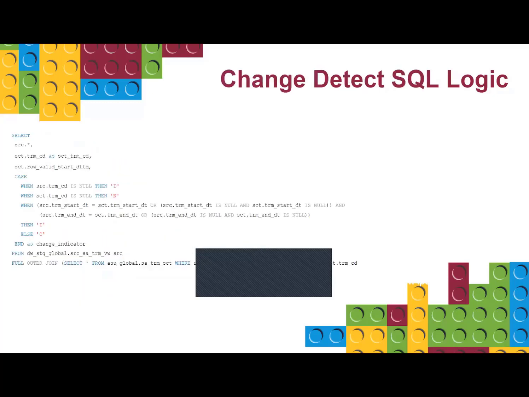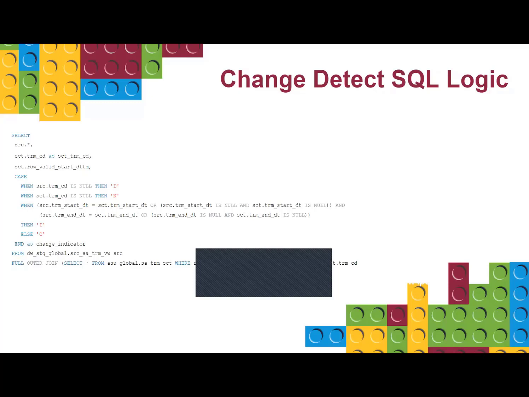And this is what the SQL looks like. I'm sure the slides are going to be shared, but you can see the full outer join there. I'm filtering my SCT on the row current flag and joining on the term code in this case. Then that case statement is your change indicator logic where I go through and identify deletes, news, identicals, and changes.